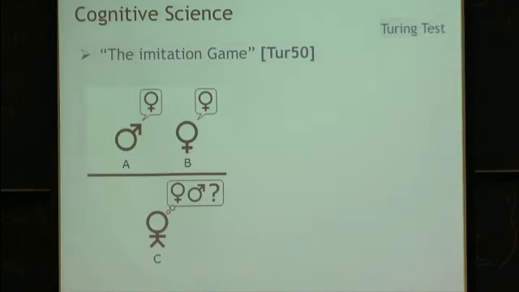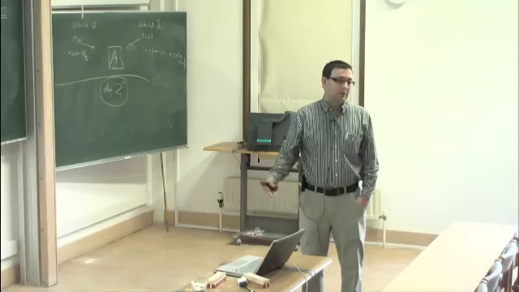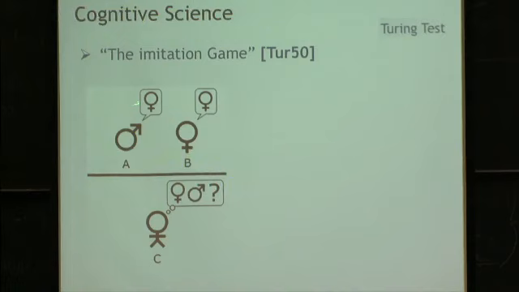Just something that most of you will know deeply: the idea of what Turing said about the imitation game. We have one interrogator here, and we have two humans, one man and one woman, both pretending to be a woman. One of them pretends to be a woman.